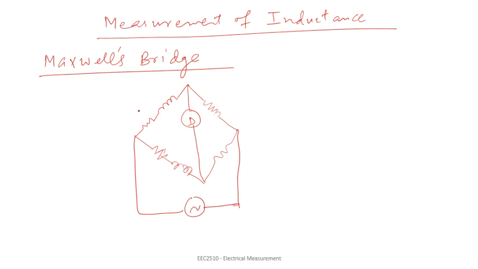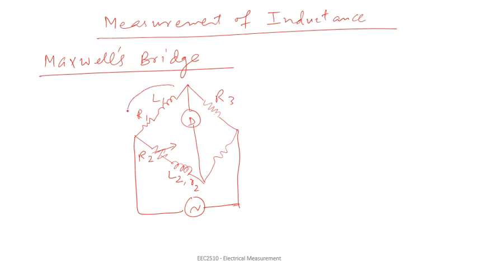Okay, this is R1, L1, R3, this is R4, this is the variable resistance R2, and this is L2, and this is r2. Okay, so now this is the arrangement of the Maxwell's inductance bridge.